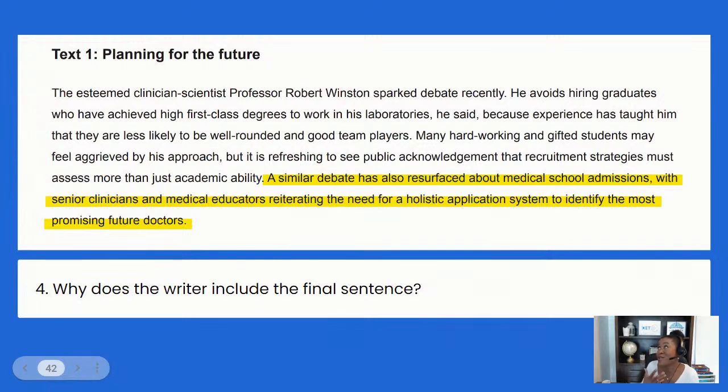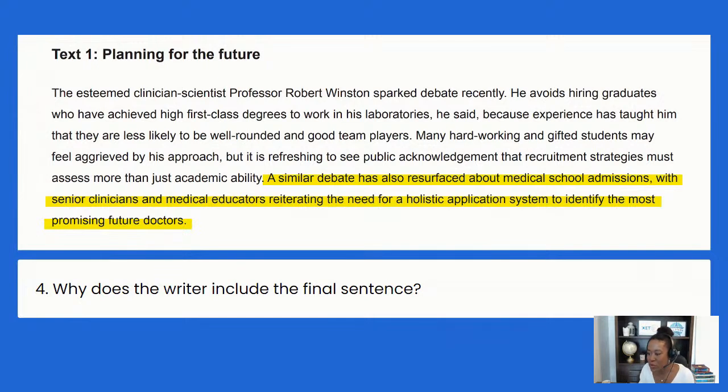And how does it help us understand the writer's opinion? So this is looking at the structure of it a little bit. Let's see if your thoughts are similar to mine. I can see some comments coming in, and feel free to write down your thoughts too. So why would the writer include this final sentence?